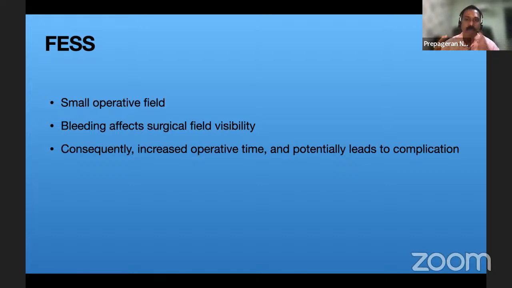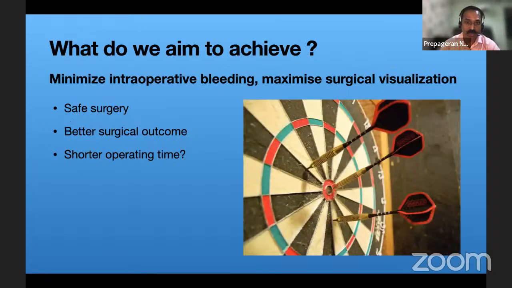So it is an abnormally enlarged view that we get, but we are actually operating in a very small operative field, and any bleeding will affect the surgical field visibility. That will obviously cause a longer operation and more complications. Therefore, in whichever way we can, we have to minimize the inflammation, the edema, and the infection, so that blood loss is minimized and the surgical visual field is optimized during surgery.